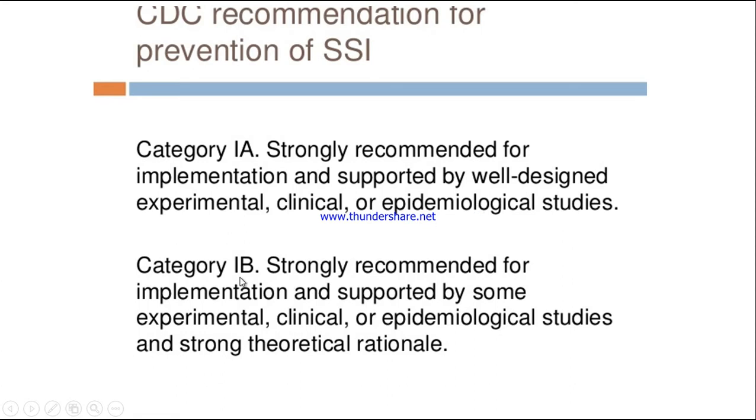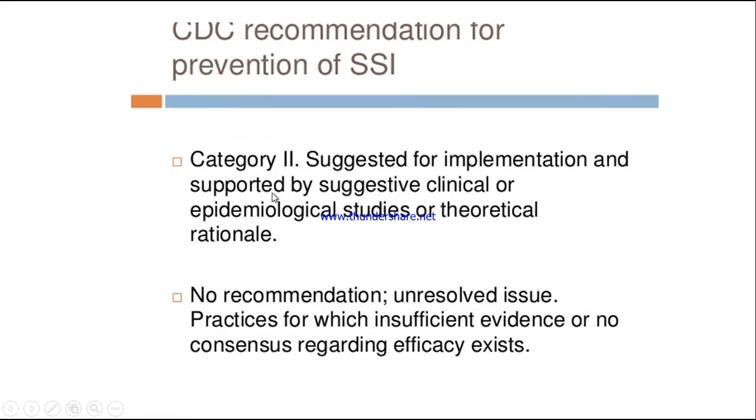And category 1B, they strongly recommend implementation, supported by some experimental, clinical and epidemiological studies and a strong theoretical rationale. Category 2, they suggest for implementation, supported by suggestive clinical or epidemiological studies or theoretical rationale. And there is no recommendation for unresolved issues, practices for which insufficient evidence or no consensus regarding efficacy exists.